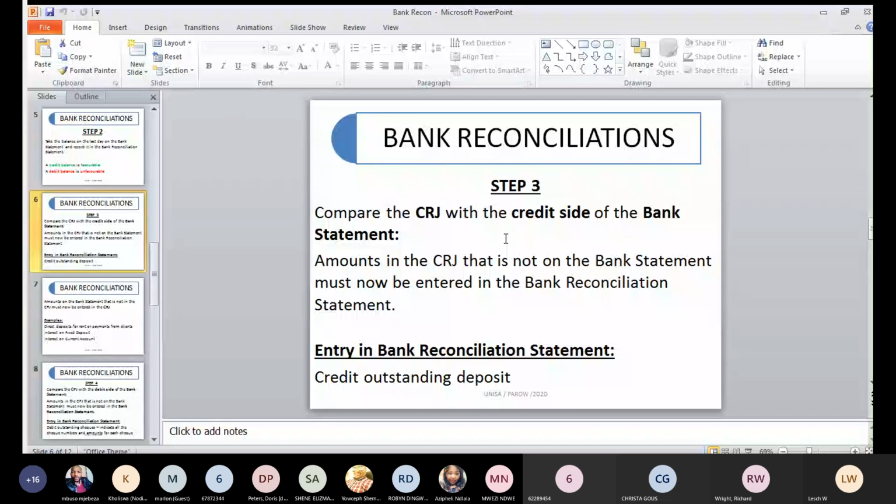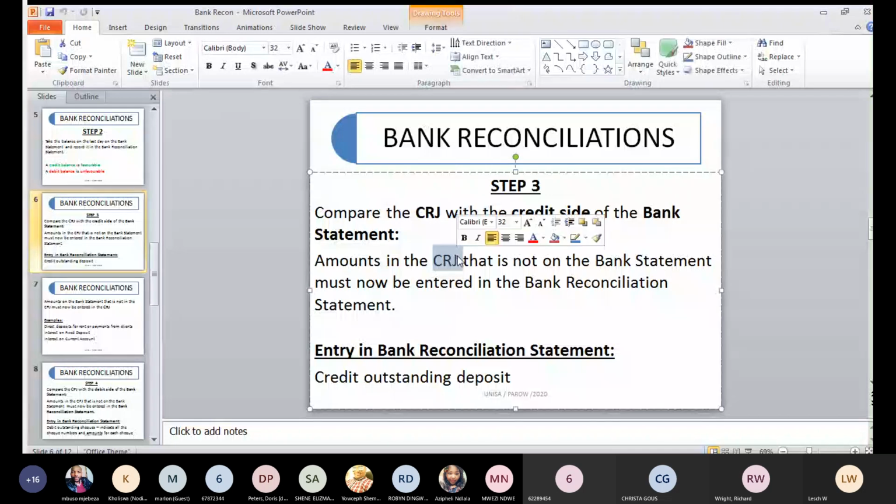Now, if you come across any amounts in the cash receipts journal that are not yet on the bank statement, it is in our records, not on the bank's records, you record this now in your bank reconciliation statement.